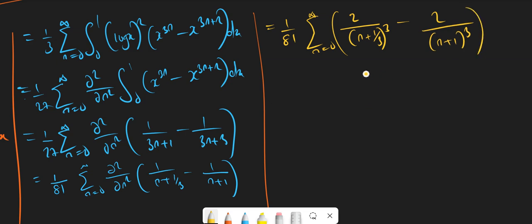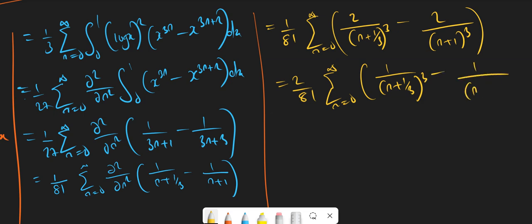And of course, we can factor out the 2. So we have 2 over 81 times the sum as n runs from 0 to infinity of 1 over (n plus 1/3) to the 3rd power minus 1 over (n plus 1) to the 3rd power. Now, remember this series, we concluded that this inner sum will be negative 1 over 2 times the polygamma function, the second derivative, of 1/3. So the negative 1 over 2 cancels out the 2 at the top.